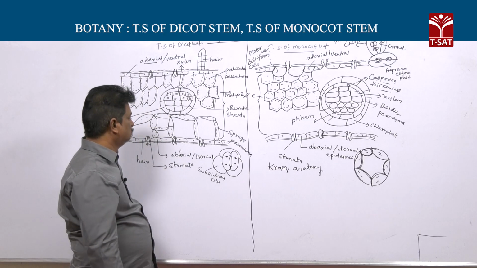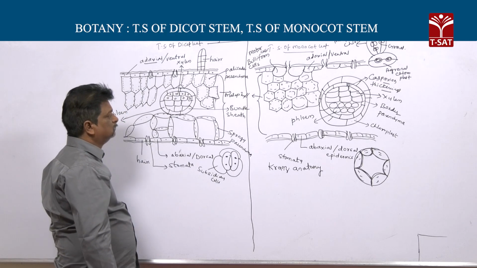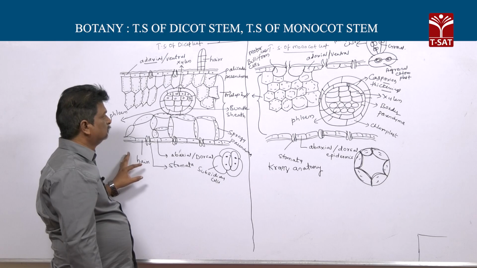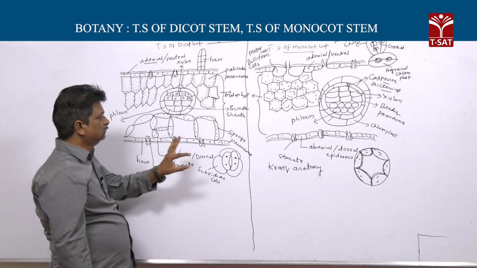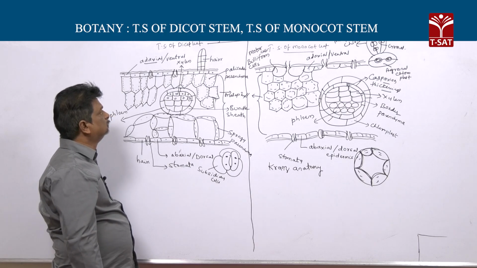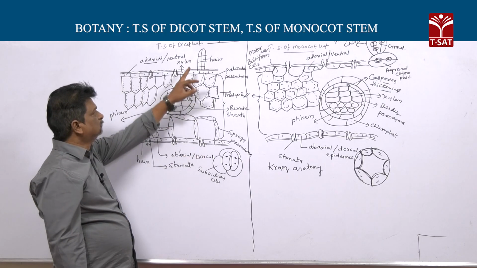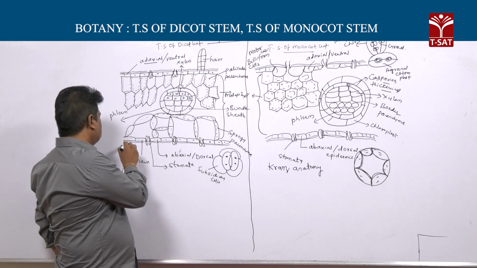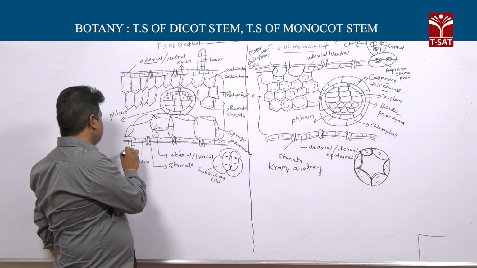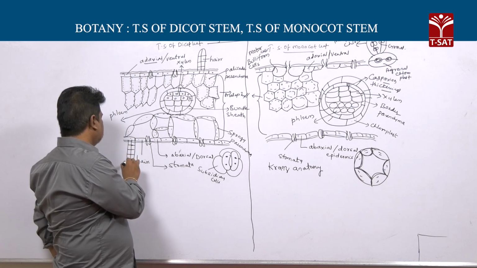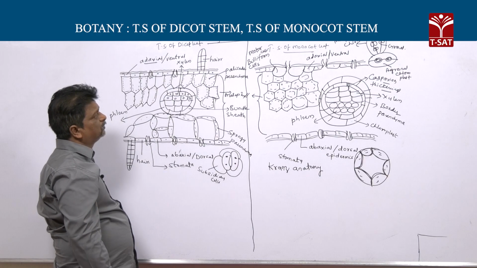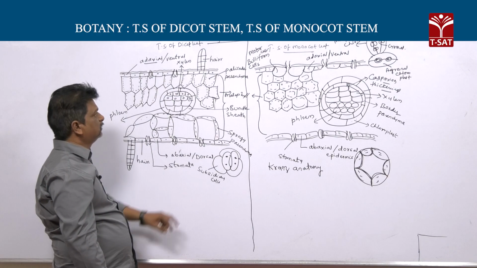Now, differences between dicot and monocot leaf. First one, in dicot leaf, both the sides or both the epidermis contain multicellular outgrowths or multicellular hairs.